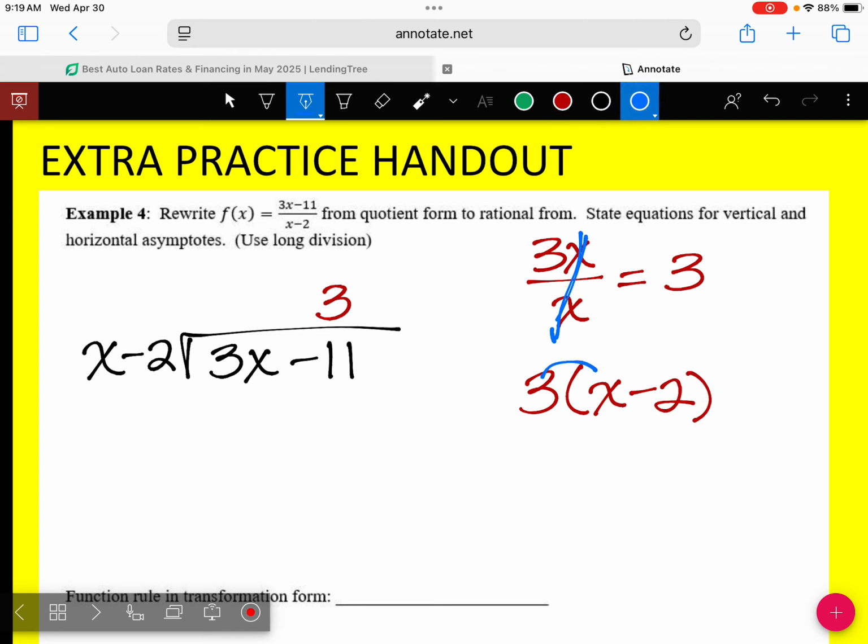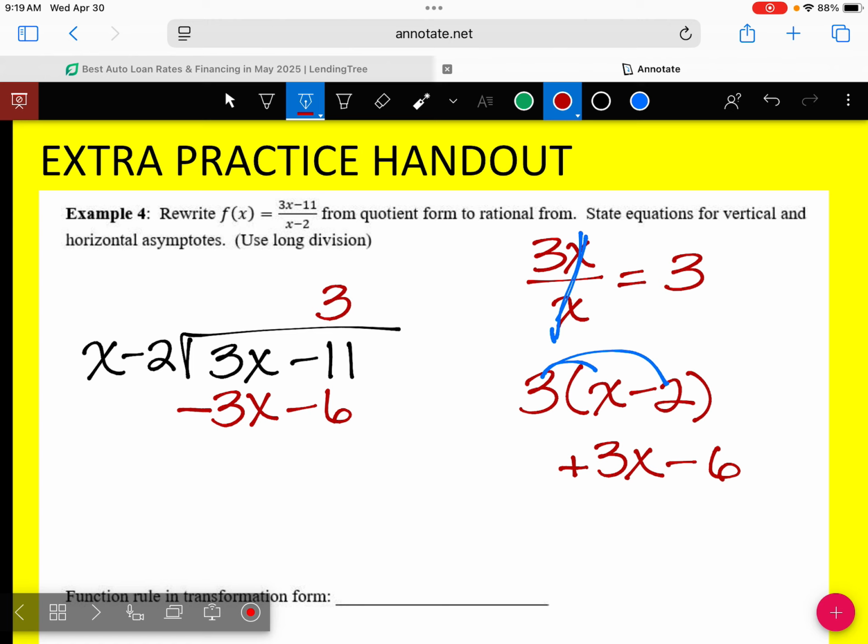All right, so then we're going to distribute that. So that would be 3x minus 6. So when I bring it over, though, I have to do a change because the 3x is positive. I'm going to flip that and make it negative.